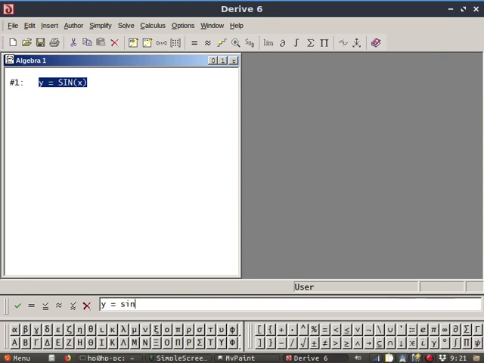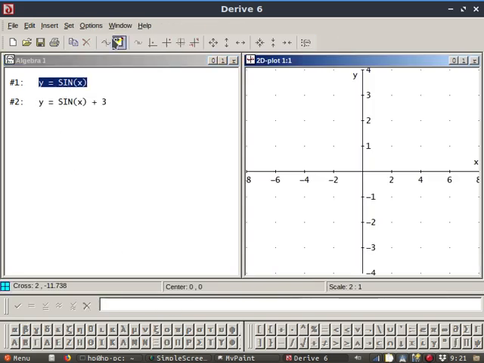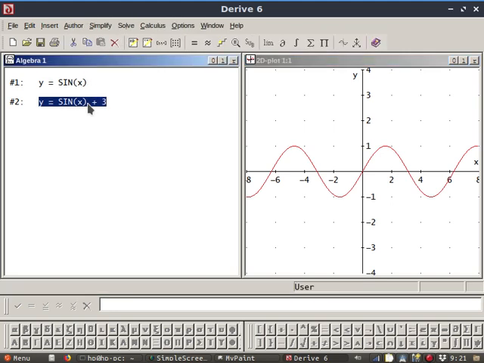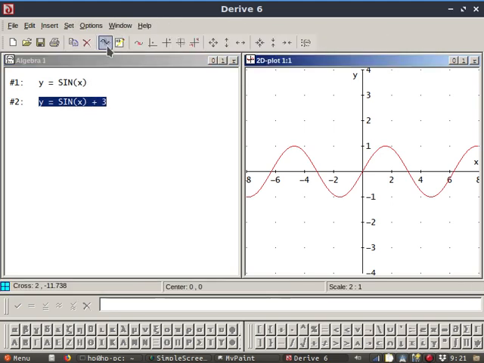Y equals sine x, let's say, plus 3. Okay, there's the first one. And before I draw it, can you picture? It'll be up 3 units higher. Up there. Moved up 3 units.